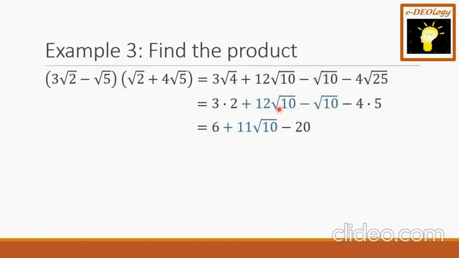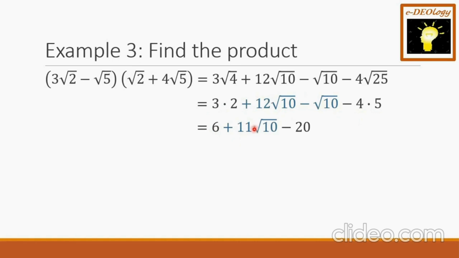Then for these two terms, they are like terms. They have the same radicals, same index, and also same radicand. So we can combine them. We will only combine the numerical coefficient. So this is positive 12 and this is negative 1. So it becomes positive 11.